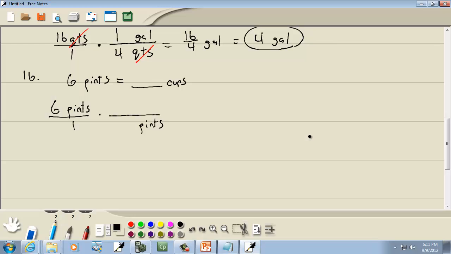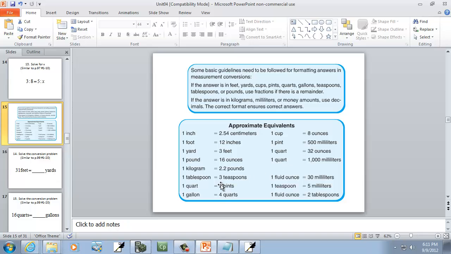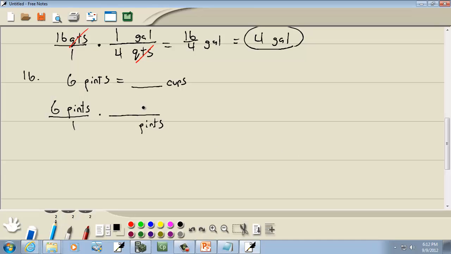The question would be, can I tie pints to ounces? Doesn't look like it. Now I could tie pints to quarts, and quarts I can tie to ounces. So let's do that. I'm going to tie this to quarts.